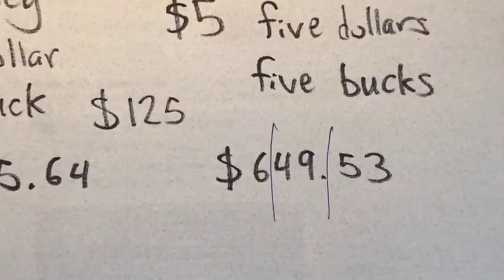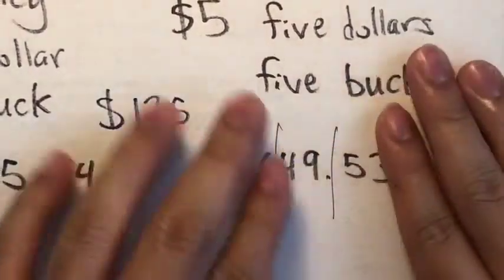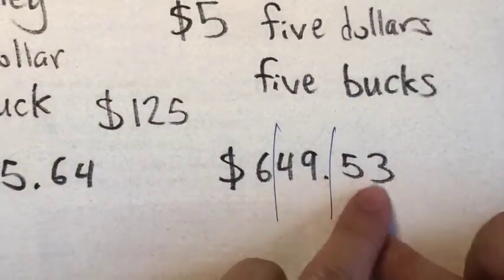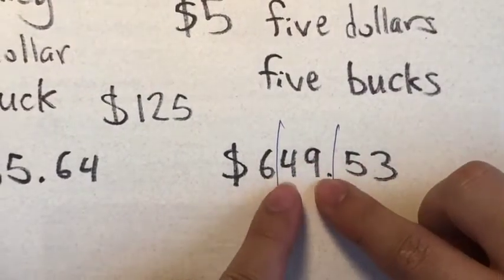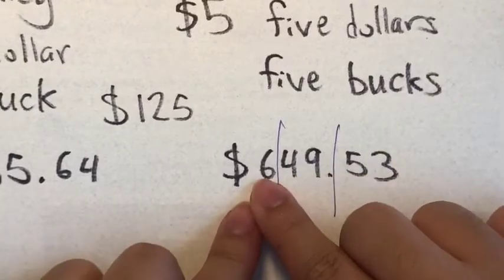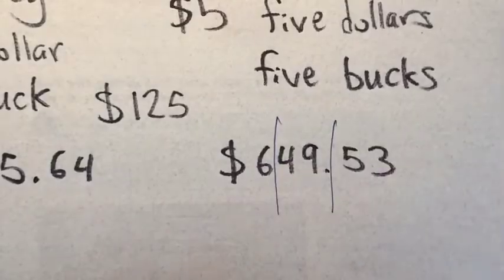We always put the two numbers together. So we put the 2 cents together, and then from the right we have two numbers, and then we have one more number here. So 649.53.